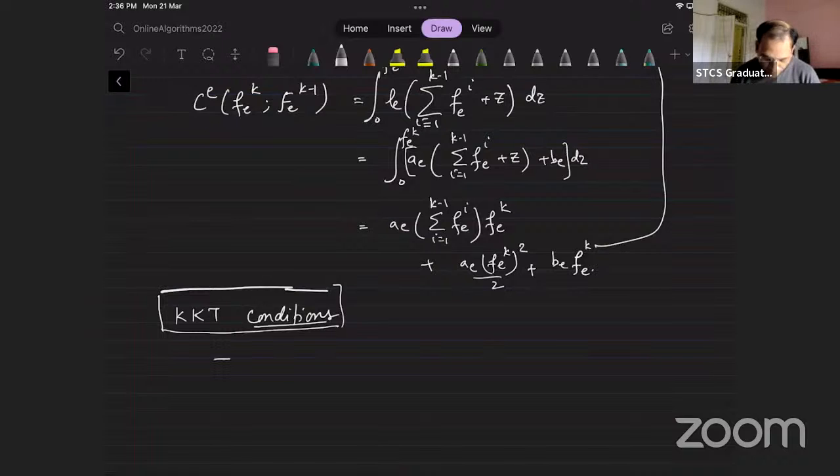The implication of this for our program will be the following, which are not difficult to see. So I'm writing in compact form.